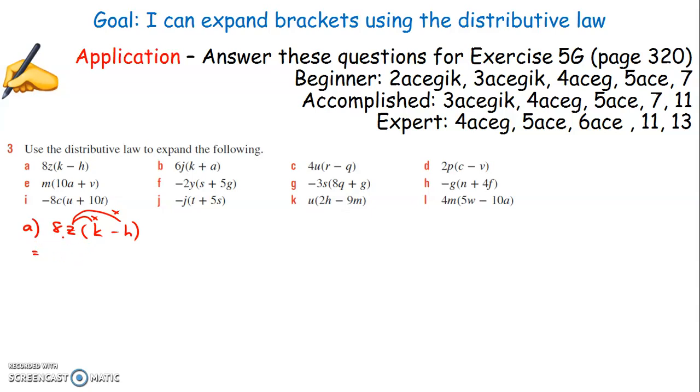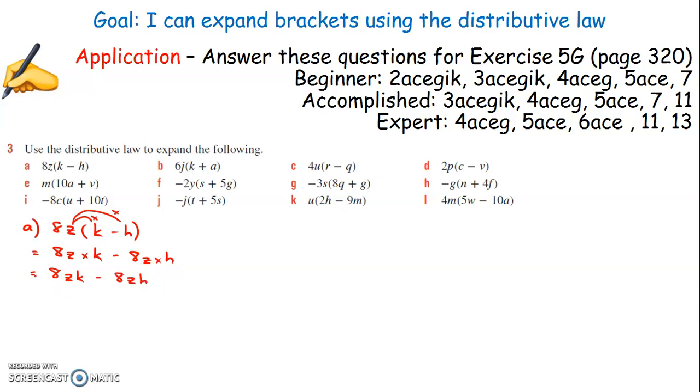So 8z times k, bring the minus sign out, and then 8z times h. So 8z times k is 8zk. Bring the minus sign down, and 8z times h is 8zh.